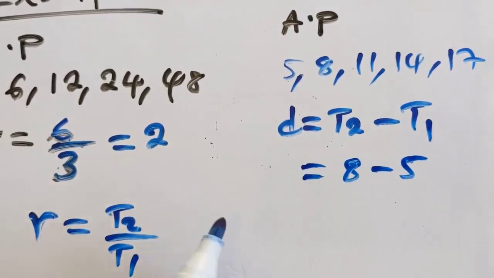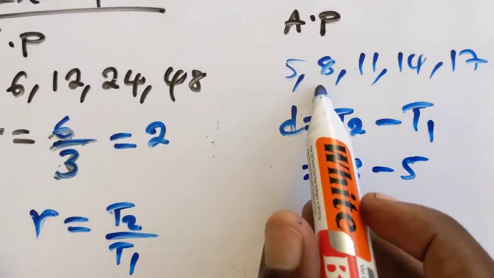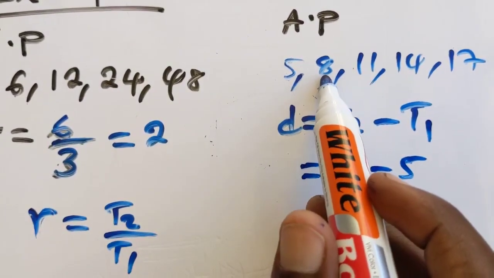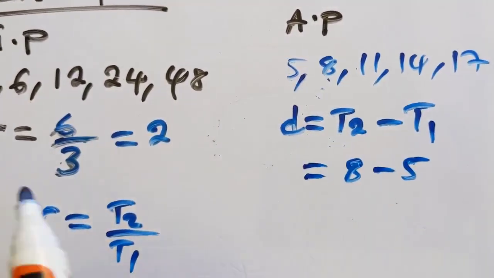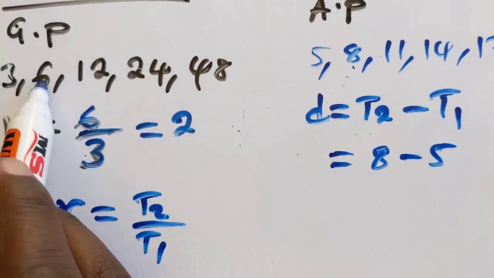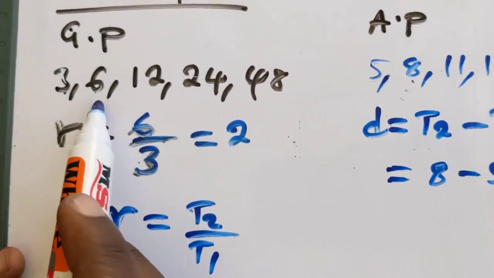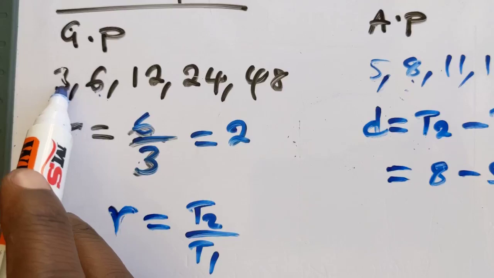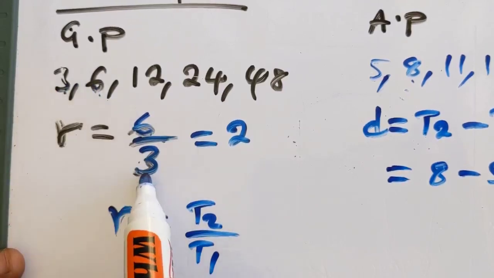Now, if you try to divide in the AP, it won't give you the same answer. Here the answer is constant: if you divide this by that, it will give you 2.